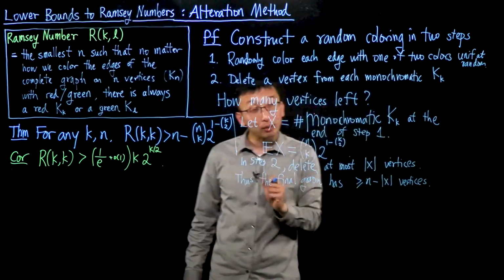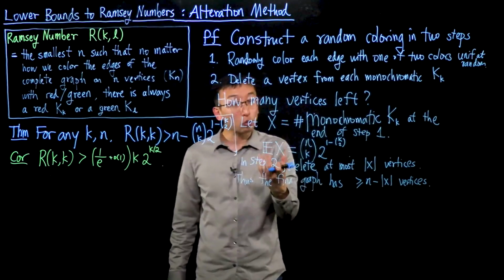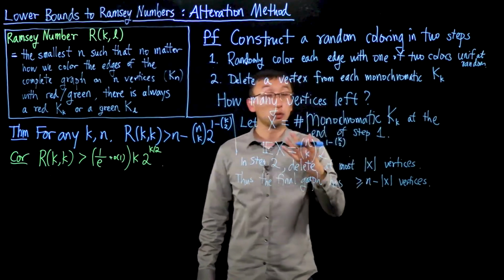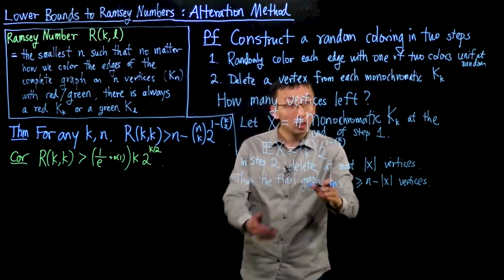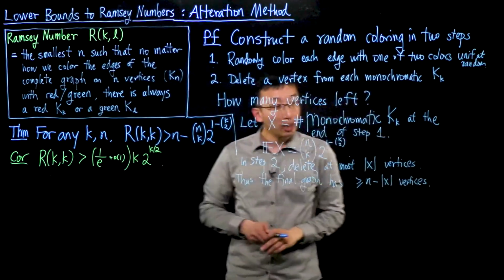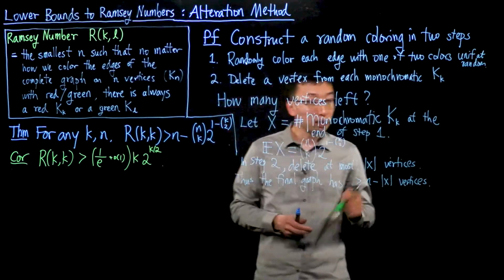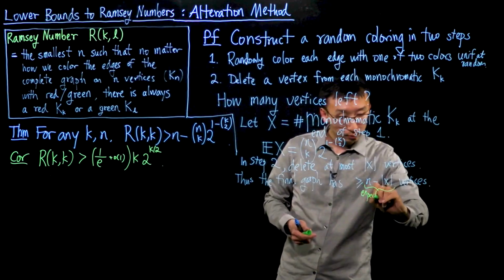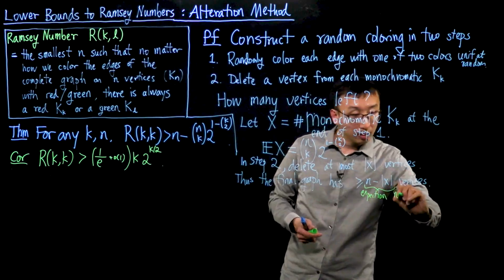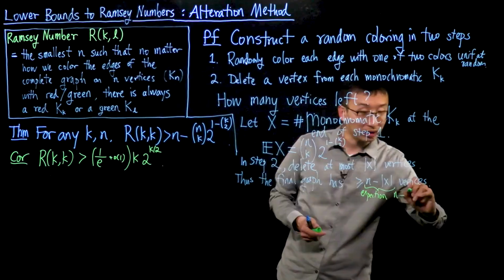Let me remind you that this is a random process. The final graph and its coloring that we get is random, and x is also a random quantity. Now, this is a number of vertices, and this quantity here has expectation n minus the expectation of x.